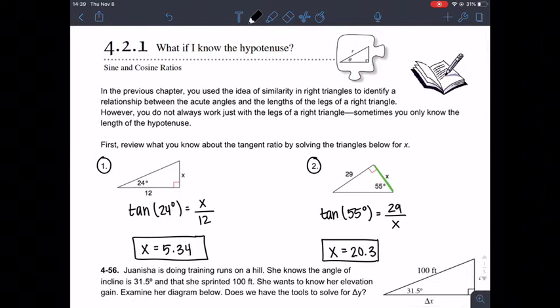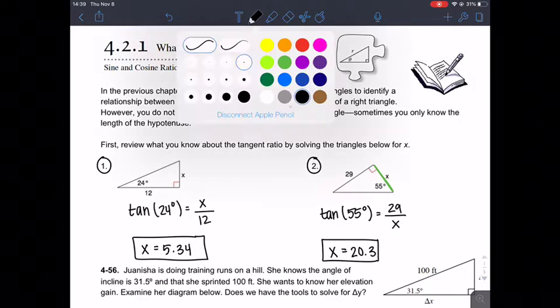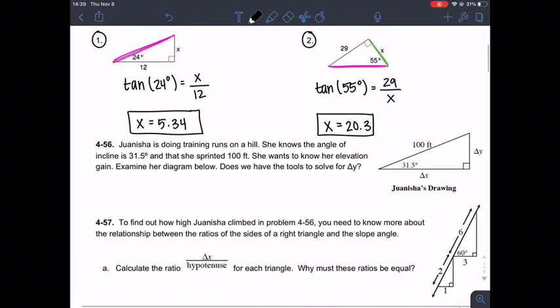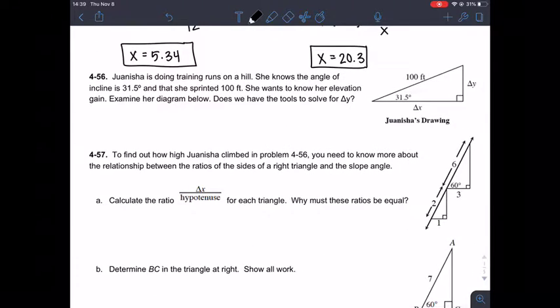Now let's start looking at, okay, what happens if we don't have our two legs, or we don't have a leg? What happens if we have the hypotenuse? And remember, the hypotenuse here is the side that is across from the right angle. Okay? So let's look at this first problem.